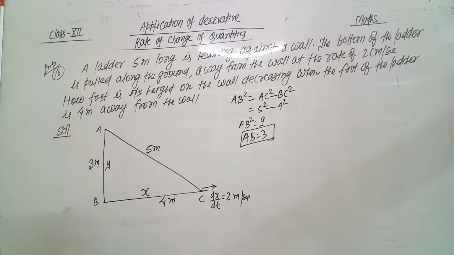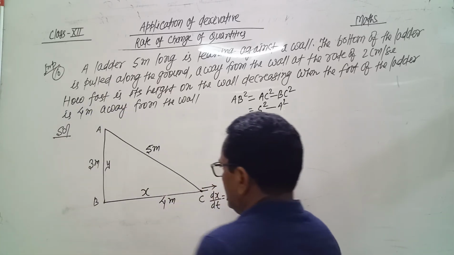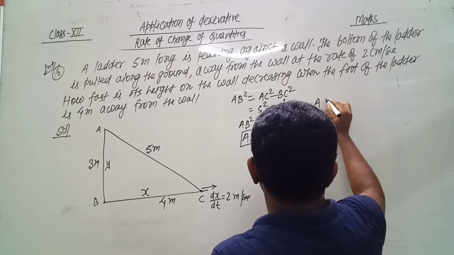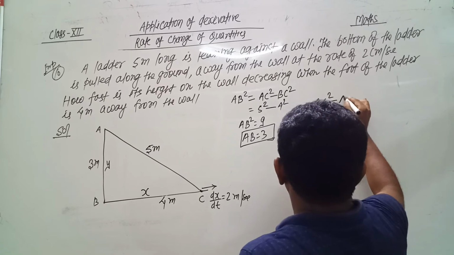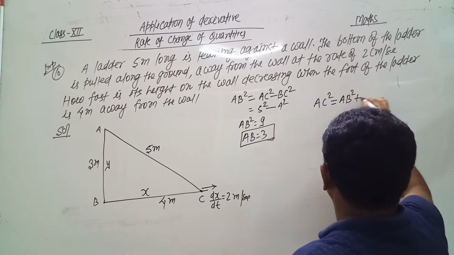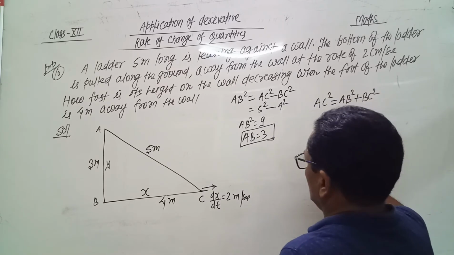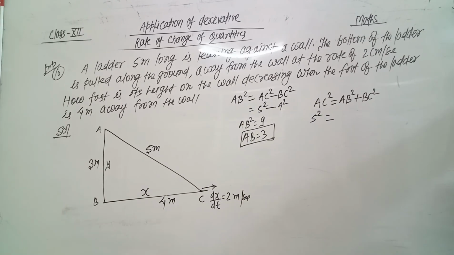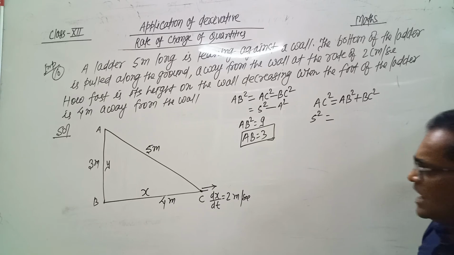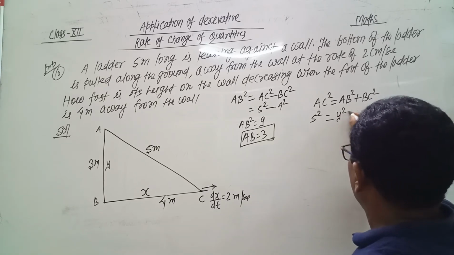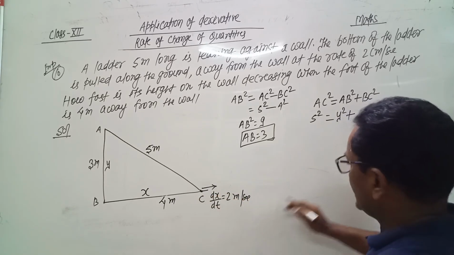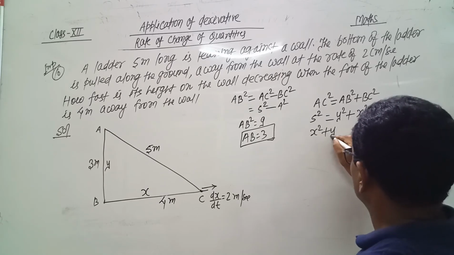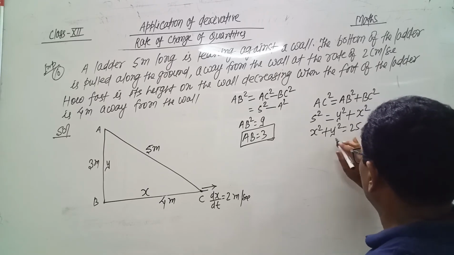Now we use the Pythagoras theorem again. AC square equals AB square plus BC square. AC is 5 square. AB we have supposed as y, and BC we have taken as x. So x square plus y square equals 25.